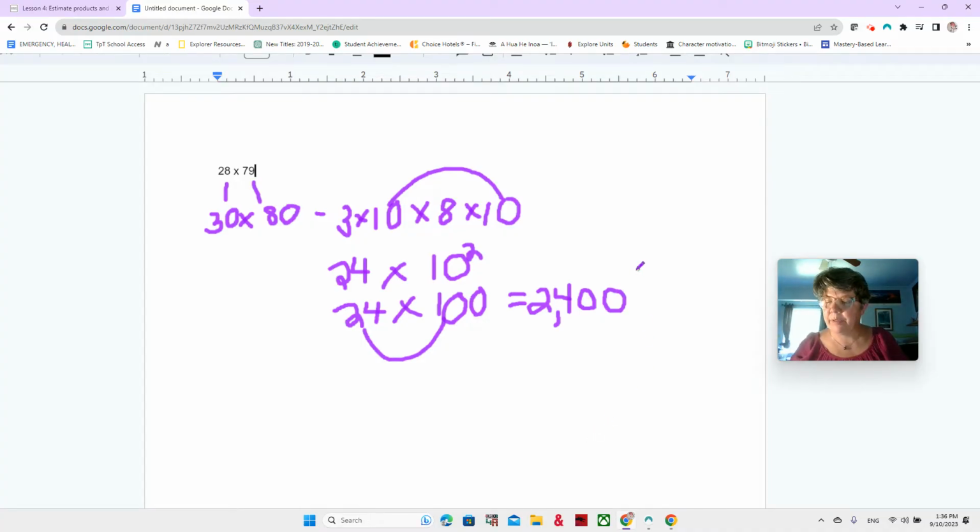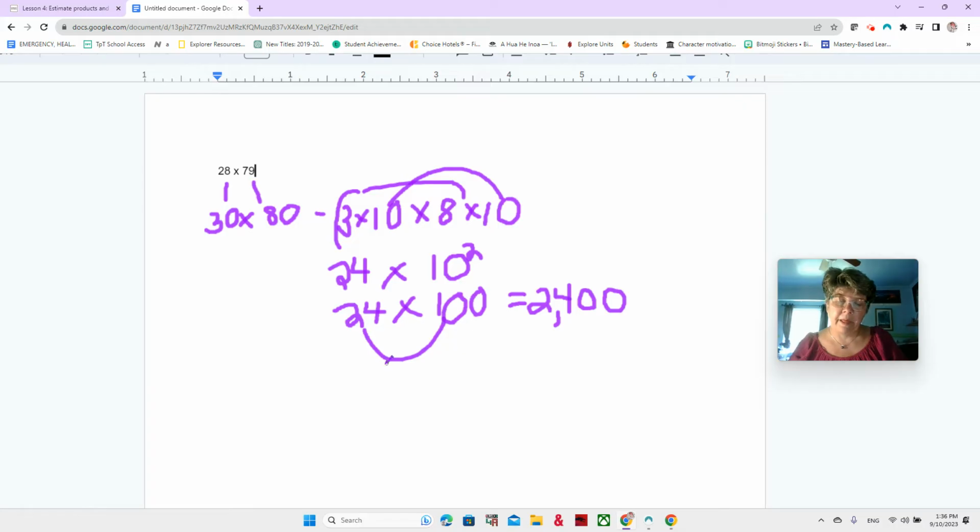Because we have the commutative property of multiplication, so we can switch the order around when we multiply. We also have the associative property of multiplication, which means we can group things in different ways. So you see how we put 10 times 10 together in one group and 3 times 8 in another group, right? Okay, that's the associative property.